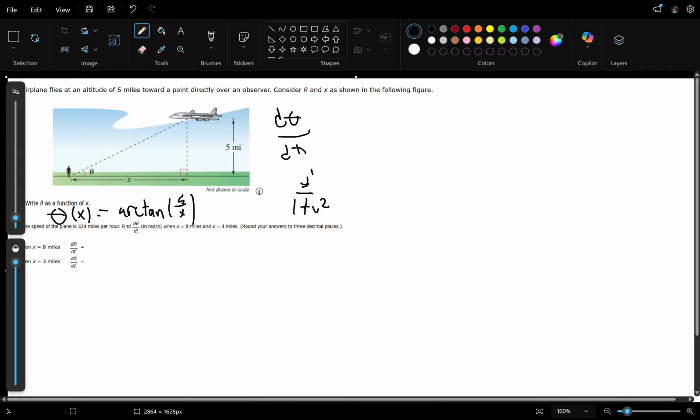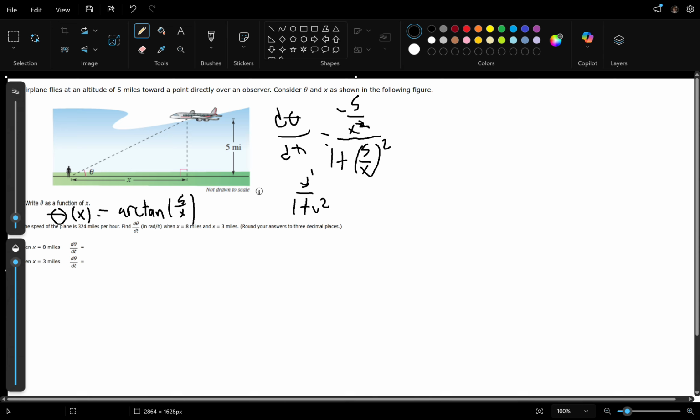And so the derivative of 5 over x is negative 5 over x squared, and that is over 1 plus 5 over x squared.